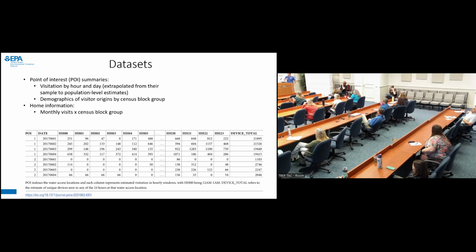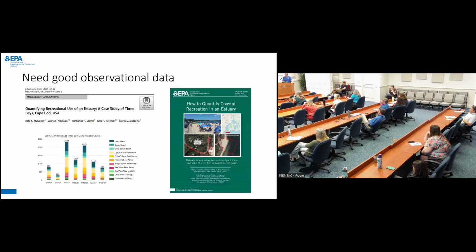Again, it's anonymized, but they do know, based on the amount of time spent during certain hours, and I believe it's looking at the past month, where they're kind of coming from. So it's generalized to the census block group, which for us is great because we can get census ACS data at the block group level, which gives us a sense at least of demographics.